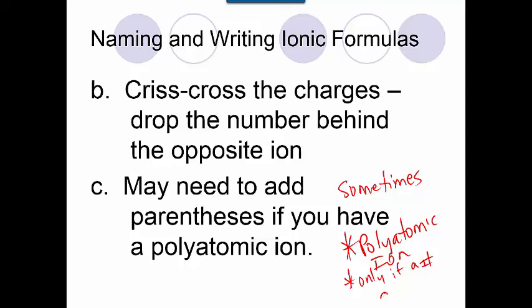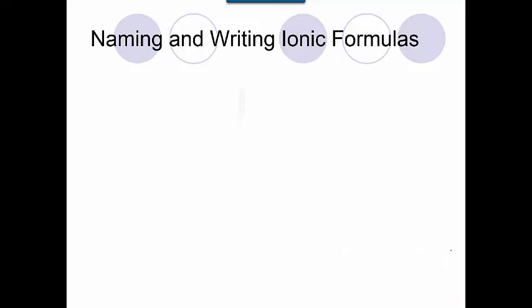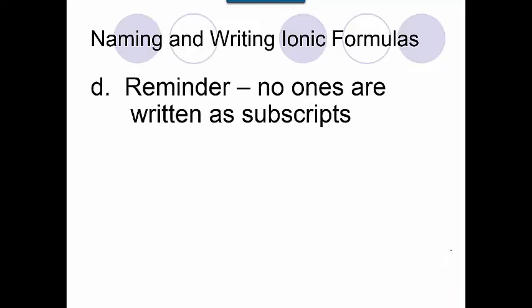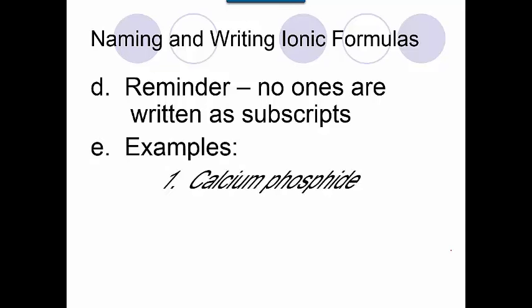So only if a number goes behind it. And I'll show you some examples, so again, please be patient. Promise we're going to get there. Just a reminder, we've done this already, but there are no ones. So if it's supposed to be one of something, we don't actually put the number 1 down as a subscript, only 2 or higher. All right, let's actually do an example.